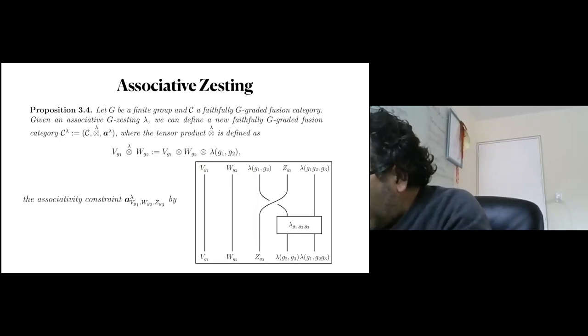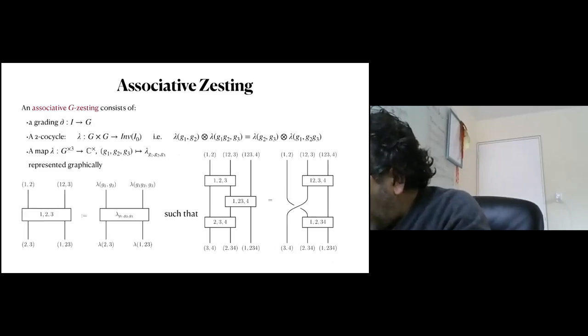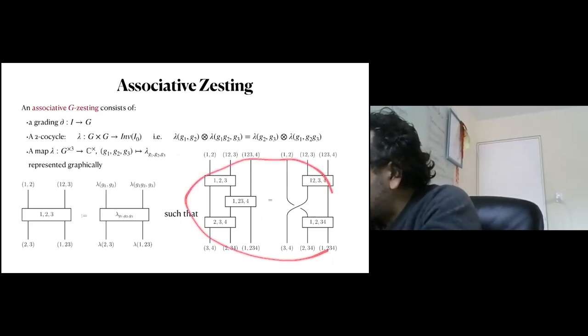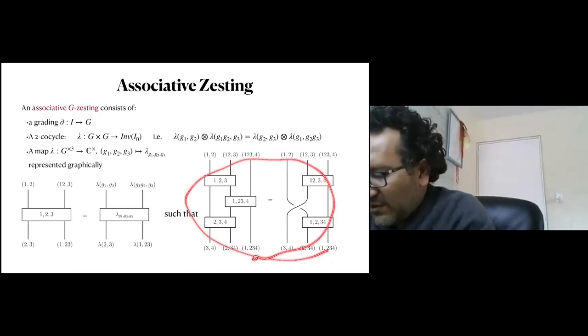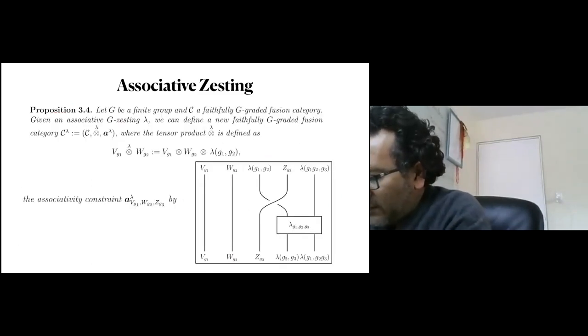So the pentagon axiom can be translated into this equation. So this equation is equivalent to the pentagon. Okay, so that's why associative Zesting appears.